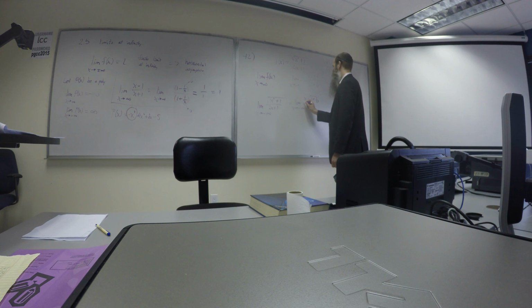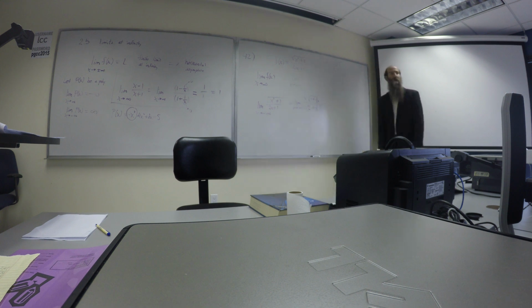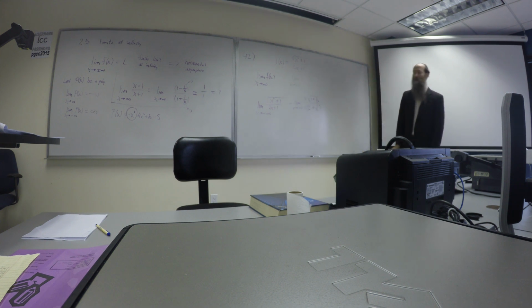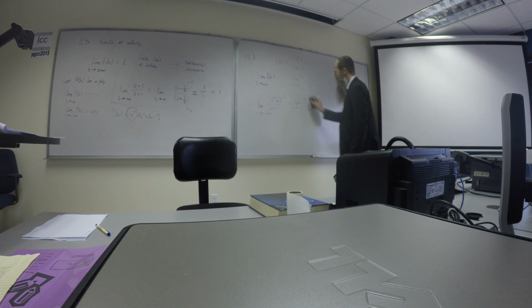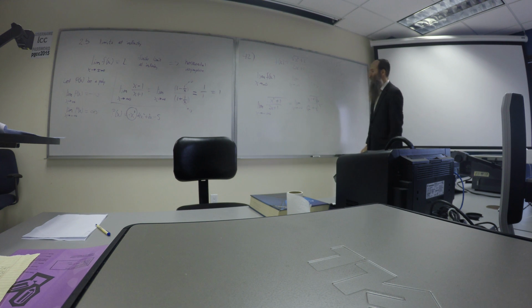Squared over 2 plus 1 over x. That's x. Yeah? That part's the same. Factor off the highest power from top and bottom. The x's cancel again.